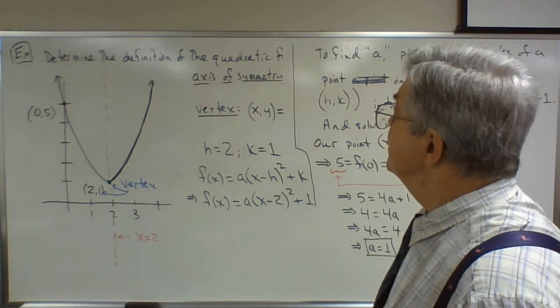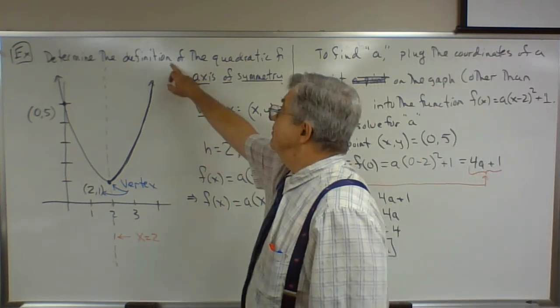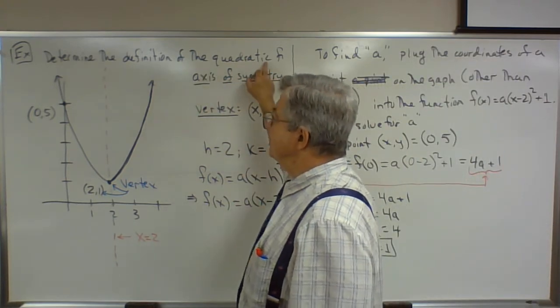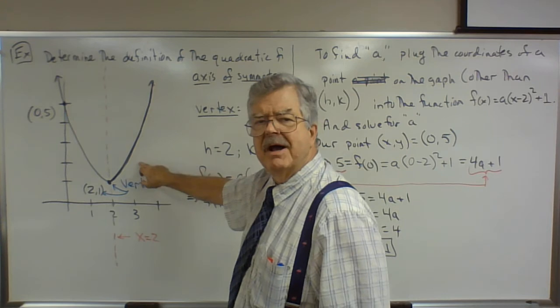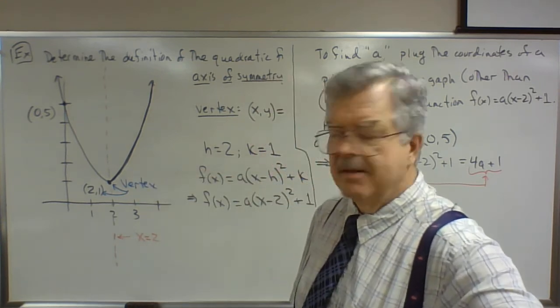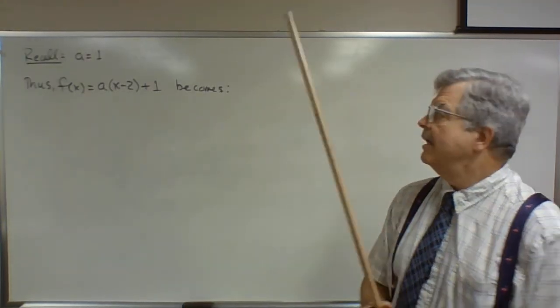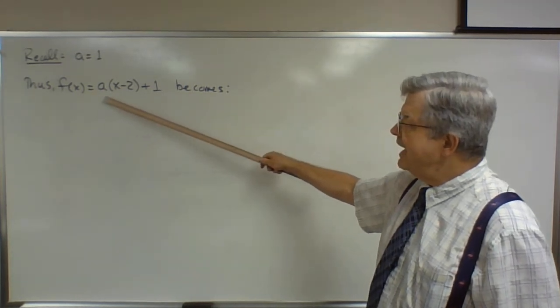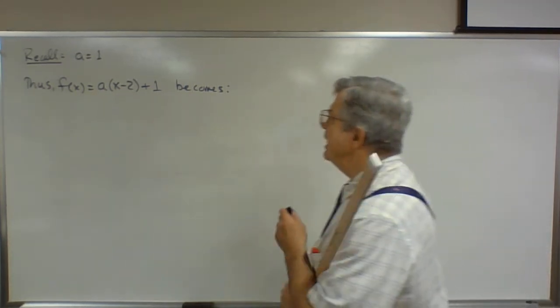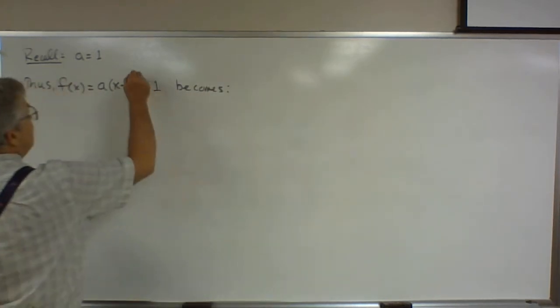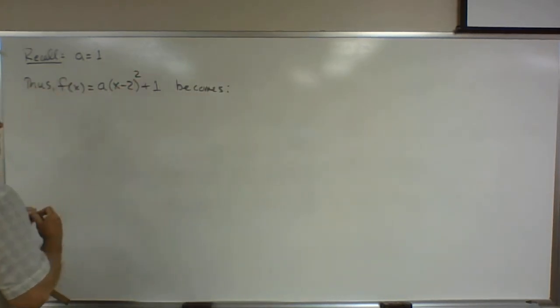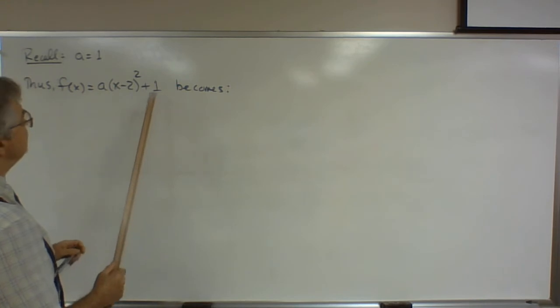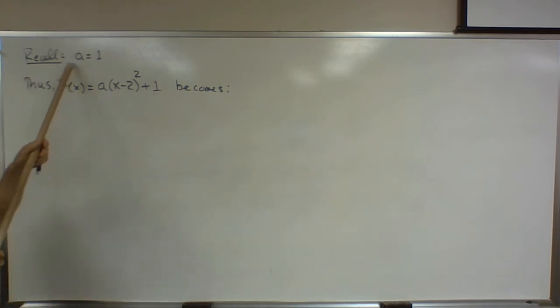Now, let's do what we set out to do. Determine the definition of the quadratic function given by that graph. Here's our function, f of x equals a times (x minus 2) squared plus 1. Remember, we just identified what a was. a is equal to 1.